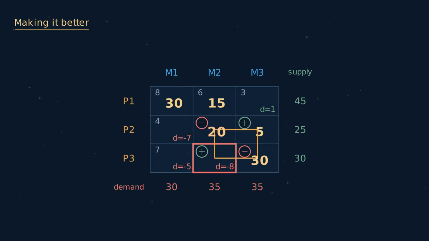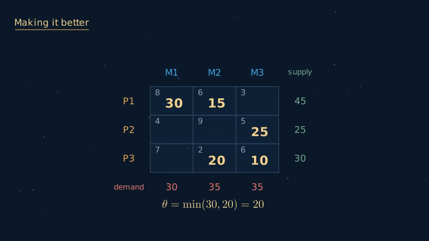How much? However much the smallest subtracting corner can spare, because the moment one of them hits 0, we have to stop. Those corners hold 30 and 20, so 20 units go around the loop, and the cell that emptied drops out of the plan. 20 units, saving 8 apiece, 160 off the bill. 715 becomes 555 in a single readout.